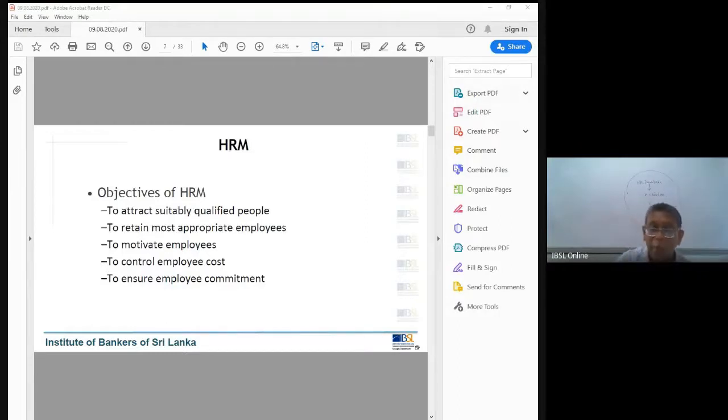Whether you have enough qualification to do that job, what are the things you need to do. So job analysis means we investigate the job holder and the job. Say you are a banking assistant. What are the things you do? In order to perform your job, what qualifications do you need? That is job analysis.